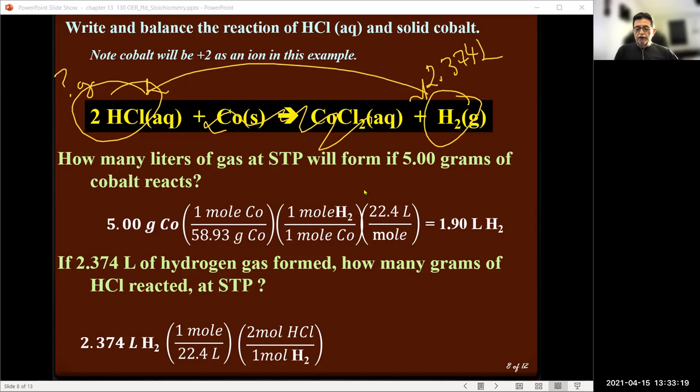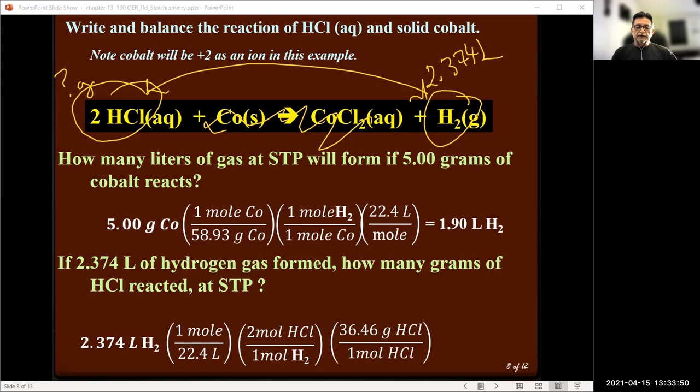At this point, unit-wise, we are now at moles of hydrochloric acid. We're asked to go to grams. So what do we need? We need the molar mass of hydrochloric acid, and that the chloride is 35.45, hydrogen's 1.01, gives you a total of 36.46 grams of hydrochloric acid per mole of hydrochloric acid.